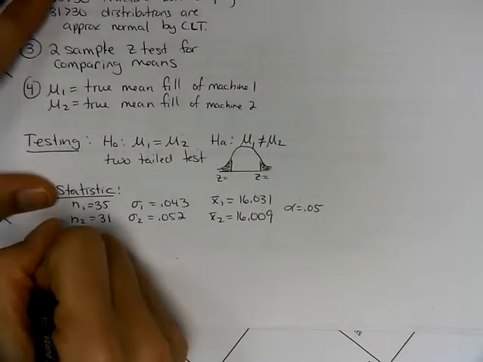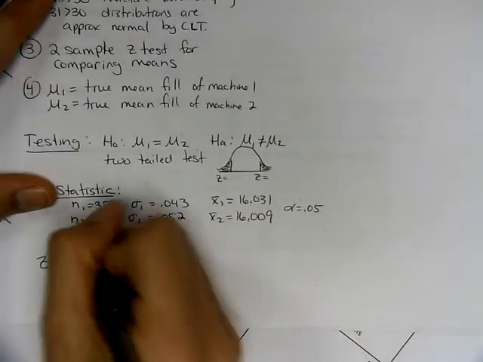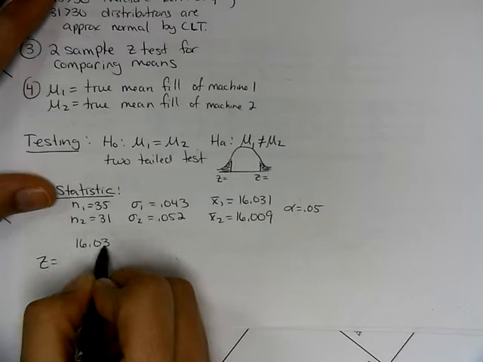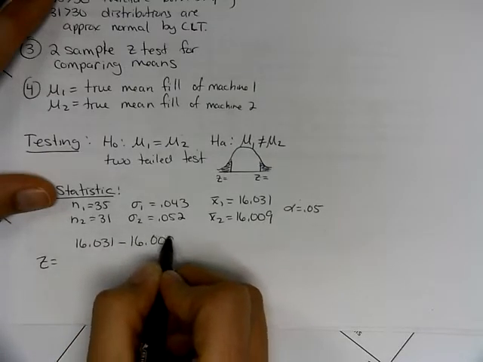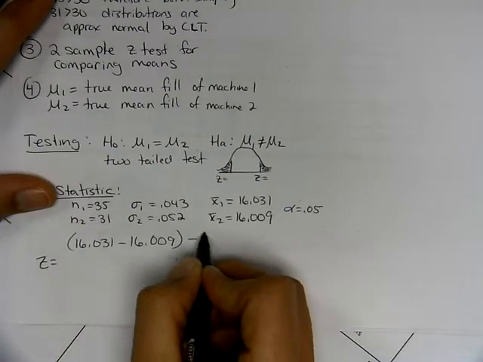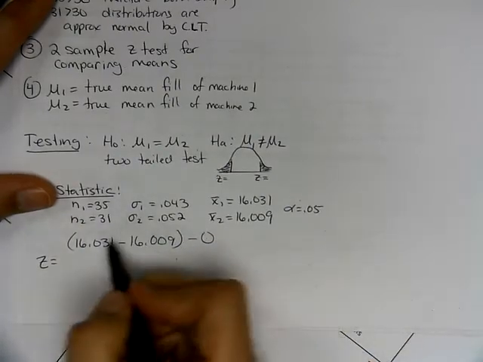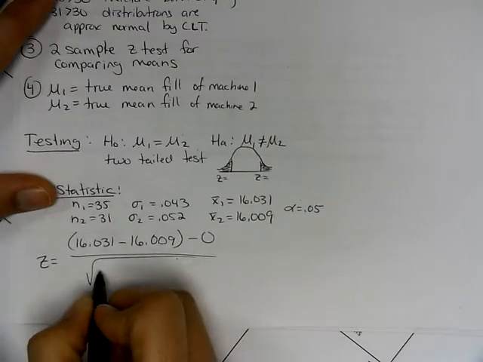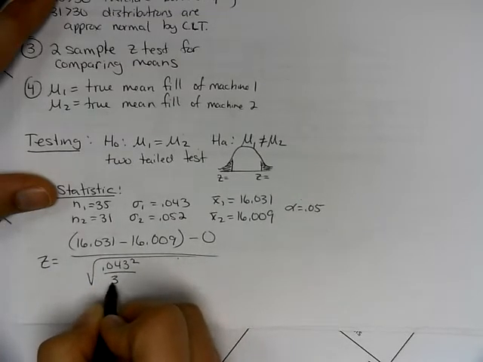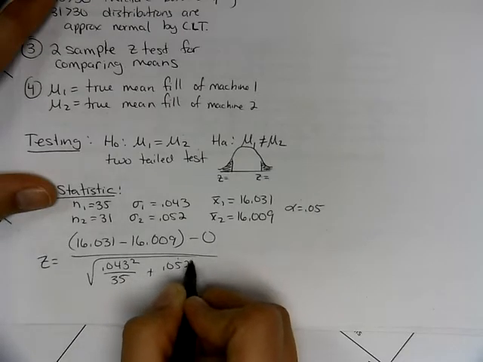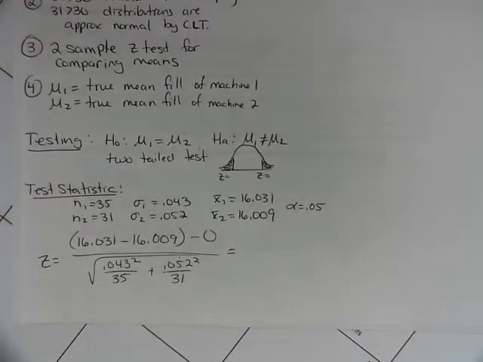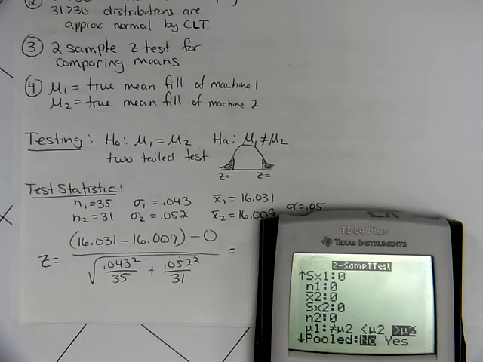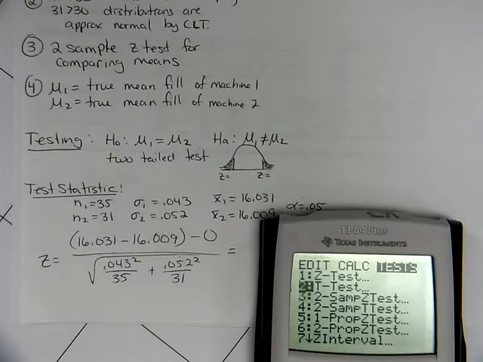Okay. So your z-score: subtract your two means, so it's 16.031 minus 16.009, really minus 0, but honestly, I don't really care if you write that. Over the square root of 0.043 squared over 35 plus 0.052 squared over 31. So far, so good. Okay. Now, go to your calculator. We're doing a 2-sample z-test.